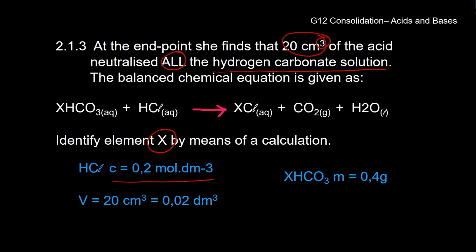What do we have though? We've got concentration of HCl. We've got volume of HCl, which is being converted into decimeters cubed. And we have got an initial mass of this unknown substance, the hydrogen carbonate substance. And we also have got a ratio.